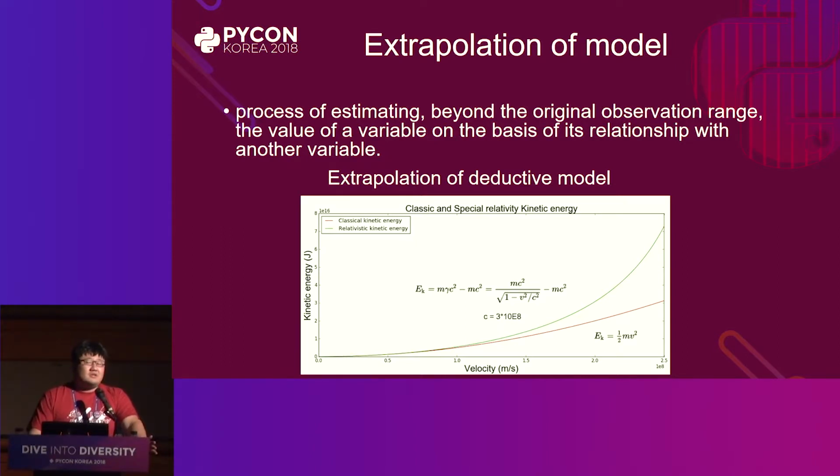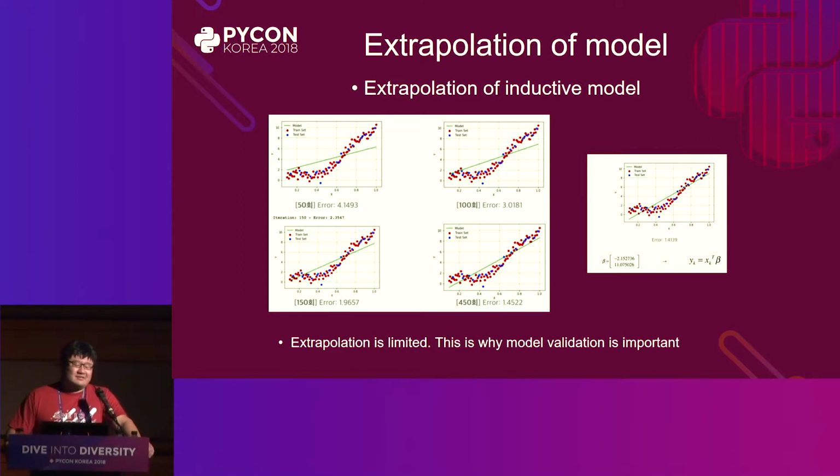But within a certain boundary condition, based on your problem set, you can extrapolate the deductive method. However, you cannot extrapolate the inductive method. This is one of the examples that we saw at PyCon Korea last year.